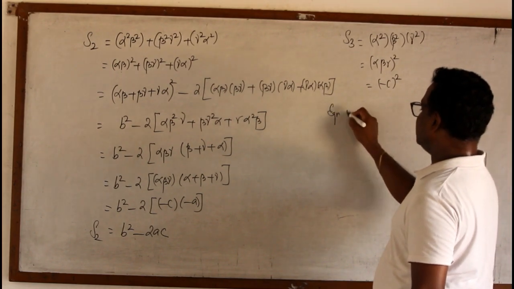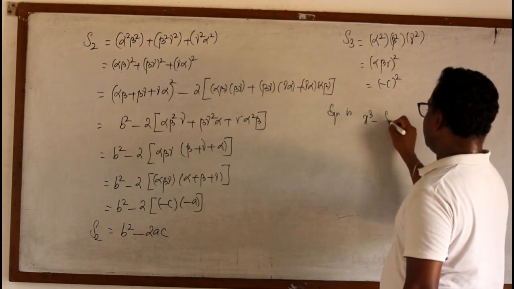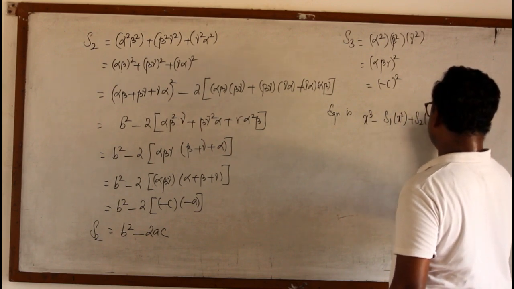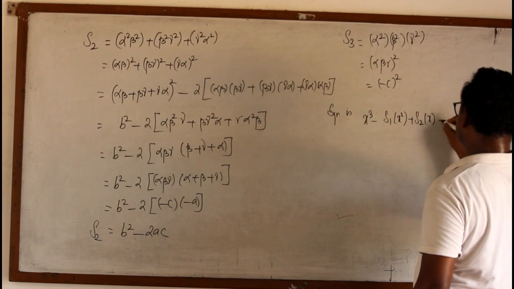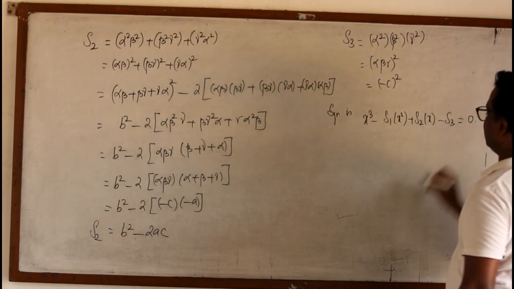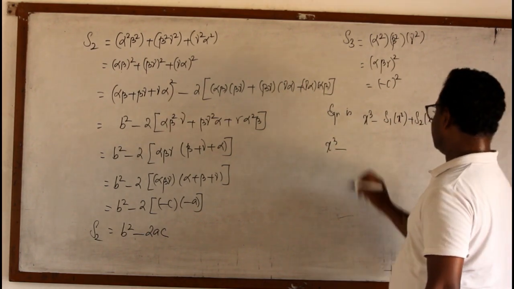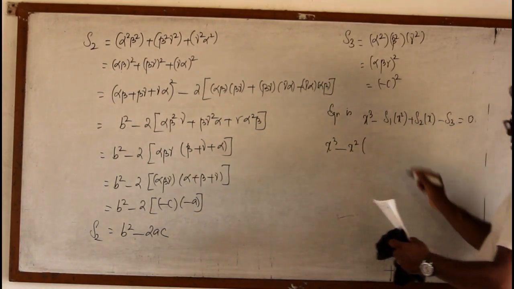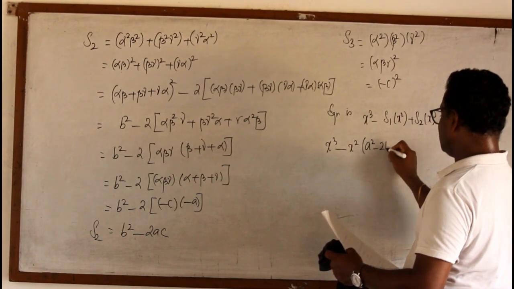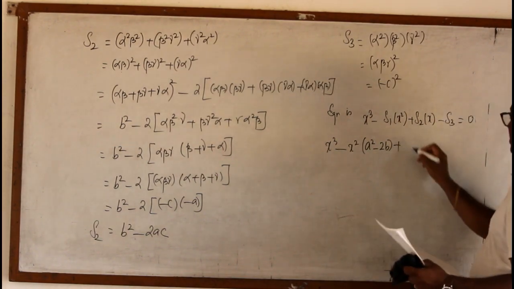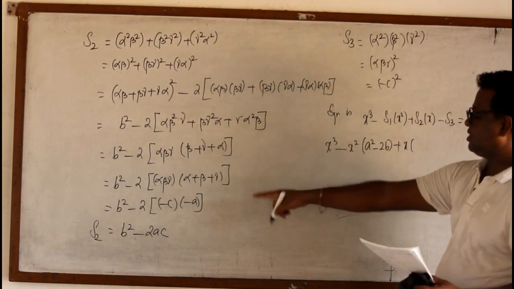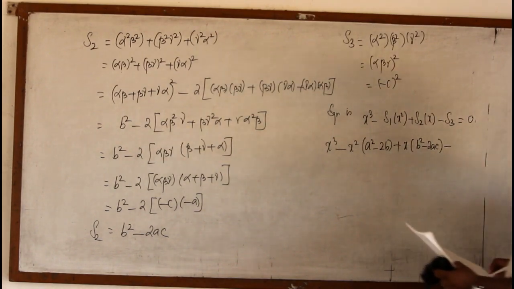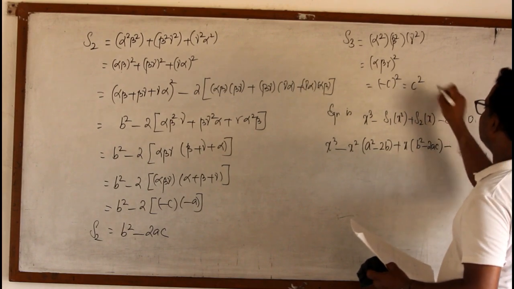Therefore, the equation is x cube minus s1 into x square plus s2 into x minus s3 equal to 0. That is x cube minus x square into, we have s1 as a square minus 2b, plus s2, that is x into s2, which is b square minus 2ac, minus s3, which is c square.